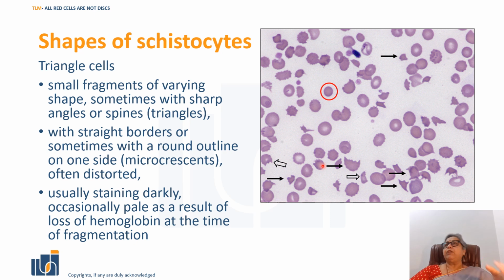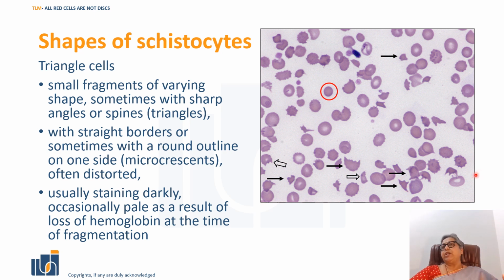And this is really one of the most common kinds of fragmented cells that we will see. Sometimes they can have straight borders or they can have little rounded edges on one side, so they will look like microcrescents. They're usually darkly stained. See this cell? It's nicely darkly stained.